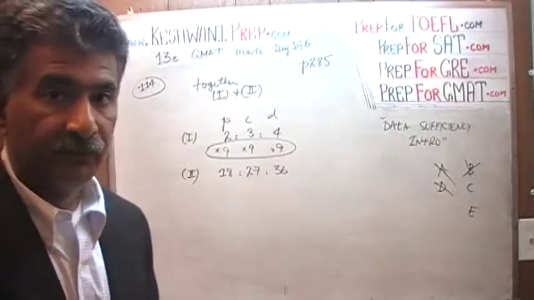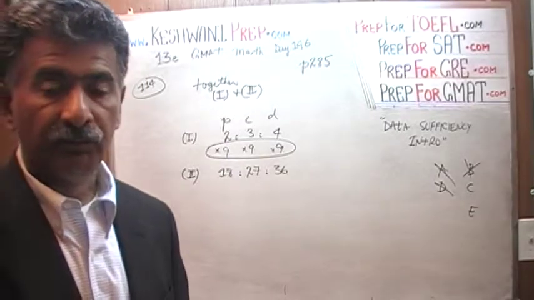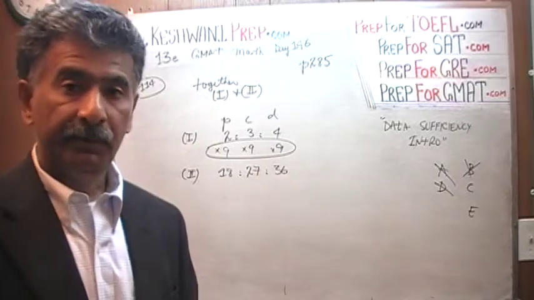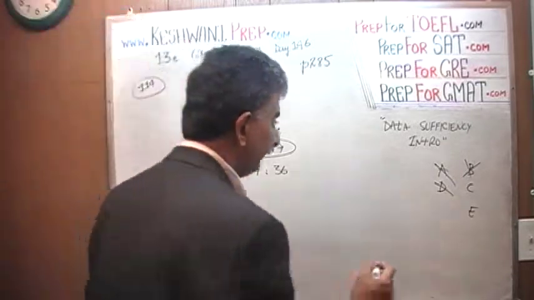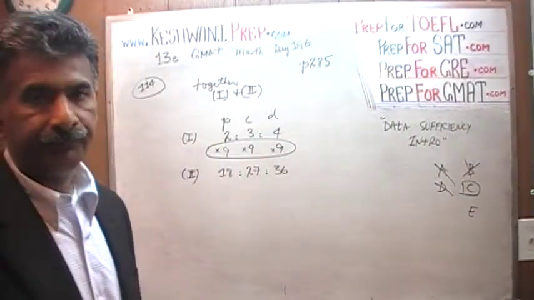And therefore, they would say, putting the two statements together does enable us to answer the question, how many people are there in the department? And they would say 9. And in their haste, they will end up picking C as the answer. Putting them together is enough.